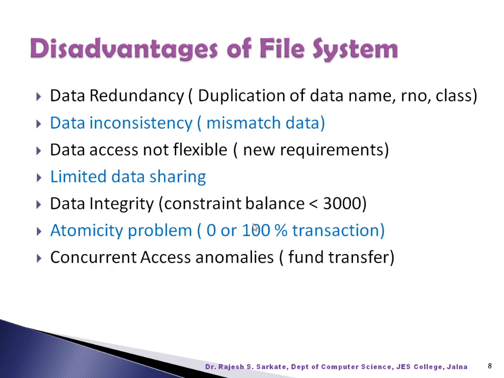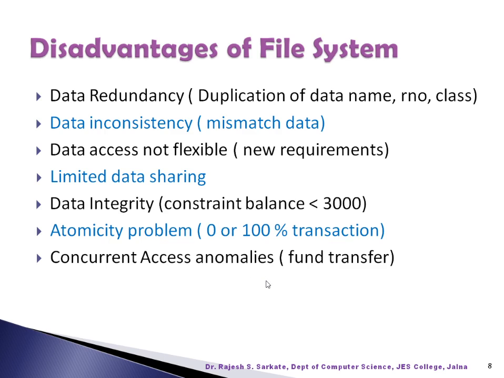Data integrity constraints: the rules can be modified, but in the file system you have to again modify the program. Atomicity: if you are performing any task, it must be performed 100%, or there should not be any transaction at all. Partial transactions are not allowed, 50%, 60%, no. Either it should be 100% or there should not be any transaction.